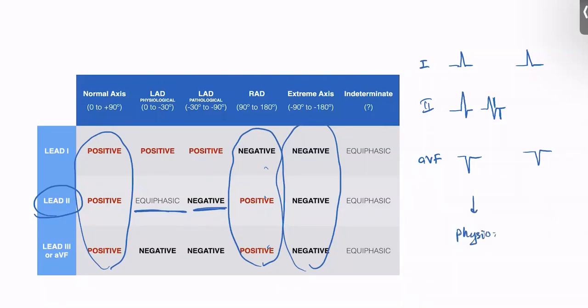But if lead 2 has more negative deflection, there is some positive deflection, but the negative deflection is deeper, so it is pathological LAD. It is quite simple.